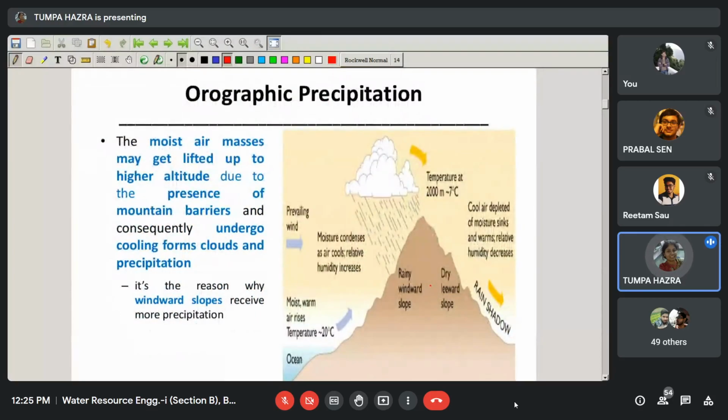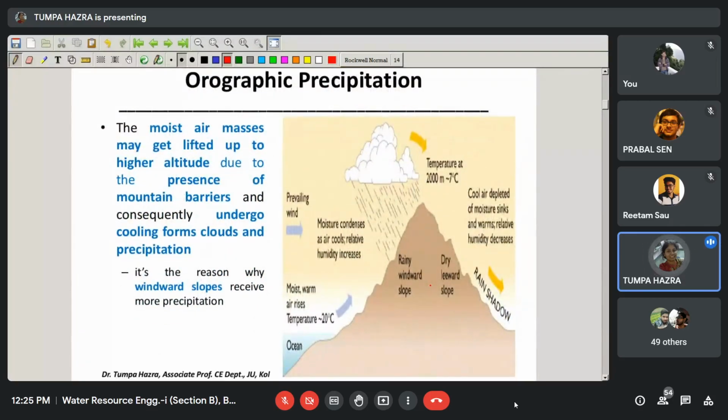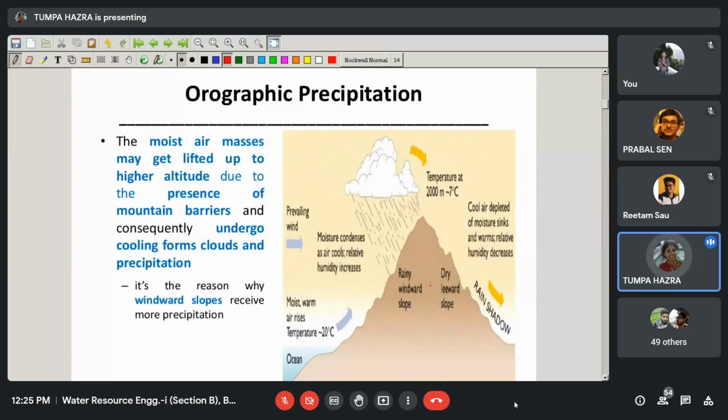Another one is orographic precipitation. What is orographic precipitation? Whenever a moist air mass meets a barrier due to the presence of hills or mountains, it will move upwards, cool adiabatically, and form clouds.